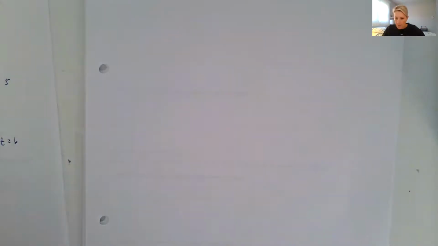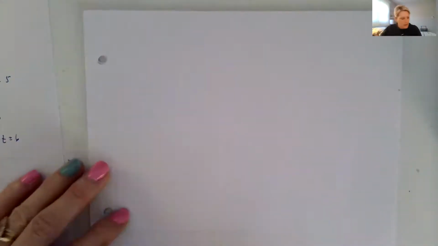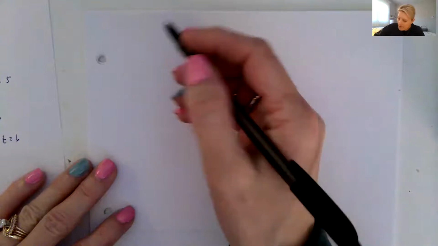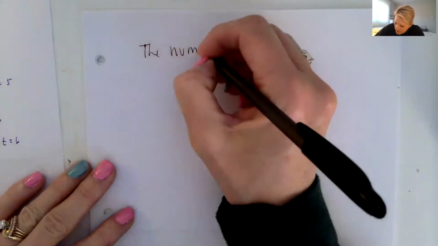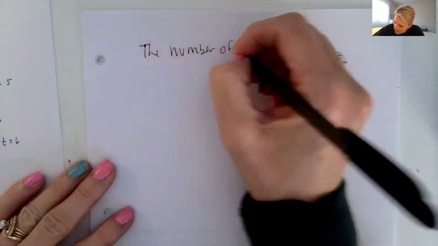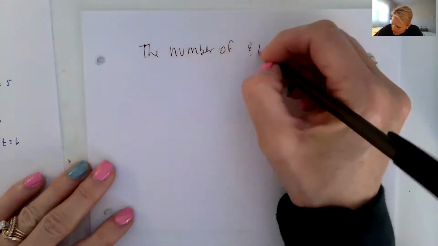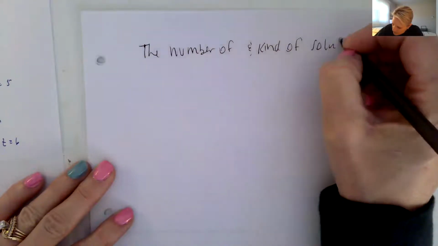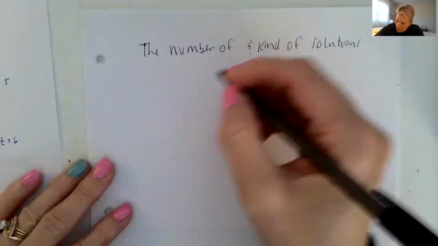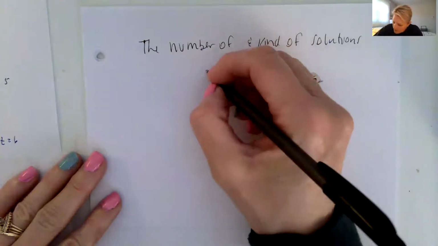So on a separate sheet of paper, let's just write out the possibilities here for the number and kind of solutions. So we have the discriminant.